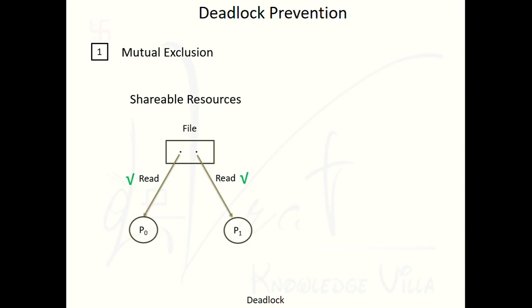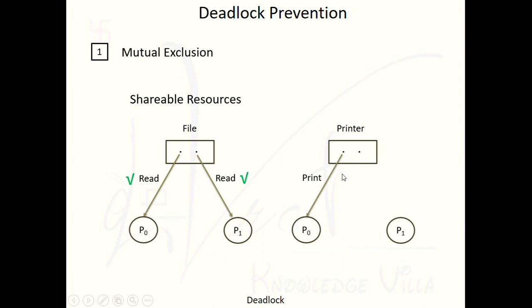Now consider one example with the printer. As we know, printer is a non-shareable resource. Suppose process P0 wants to access the printer, so we can allocate the printer to that process for printing purpose. But parallelly, at the same time, process P1 asks for the printer to print something.